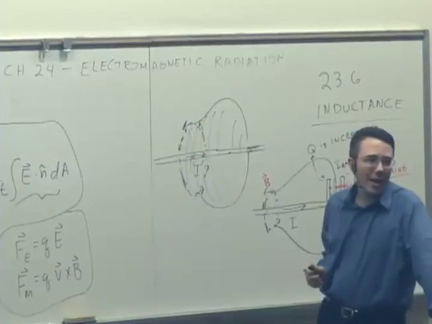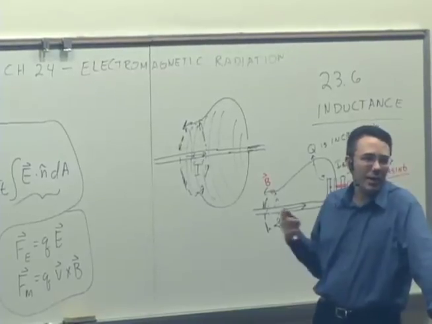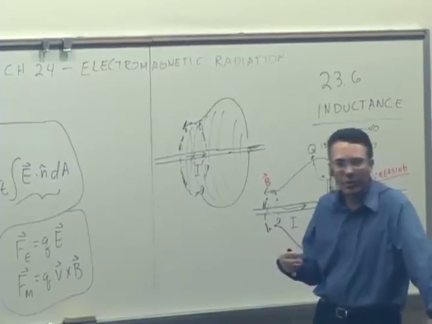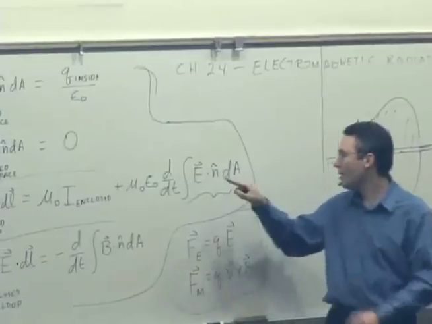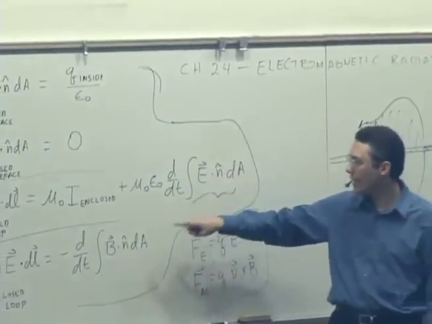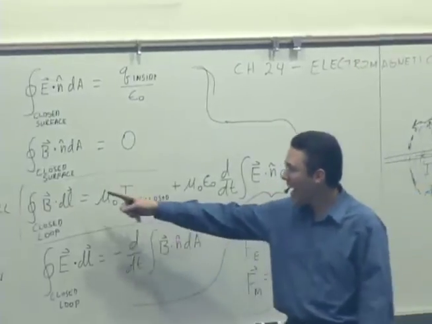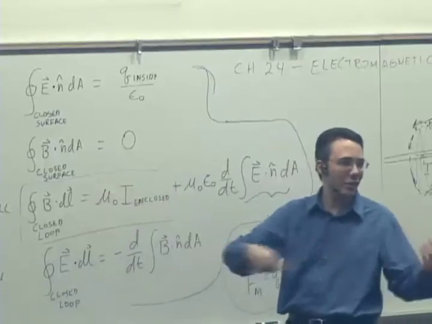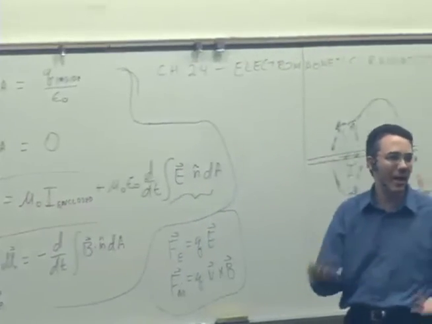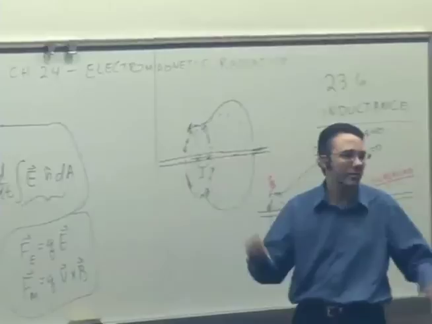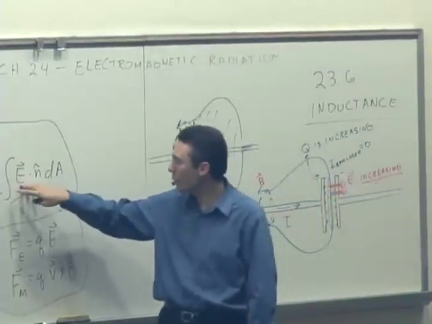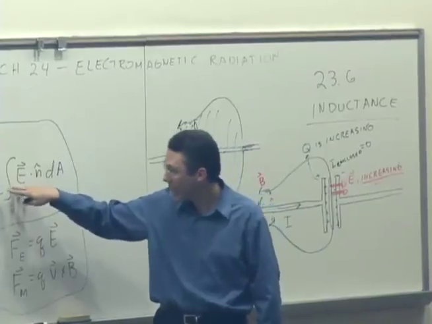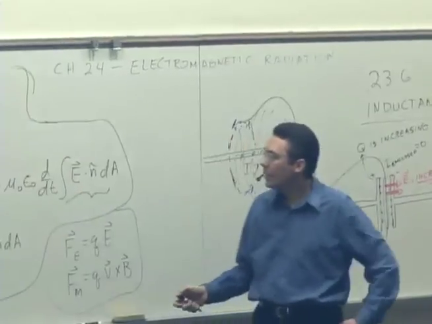So maybe there's a possibility to have an electric field that's changing, which creates a magnetic field that's changing, which creates an electric field that's changing, which creates a magnetic field that's changing, and have sort of a self-perpetuating, changing electric and magnetic field pattern. Okay? Seems suggestive, again, from this symmetry between the Ampere-Maxwell law and Faraday's law.